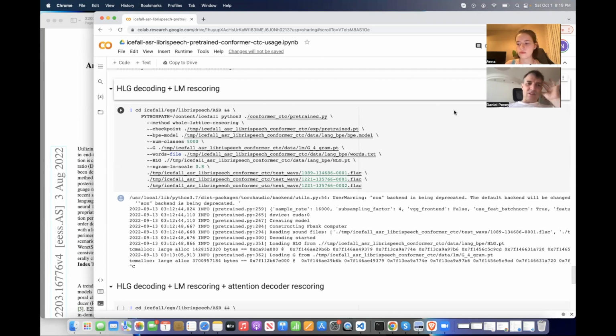That's my recollection. But in the current RNN-T setup, I believe we don't yet have improvements from rescoring with a language model. Now, that is going to change, I think.